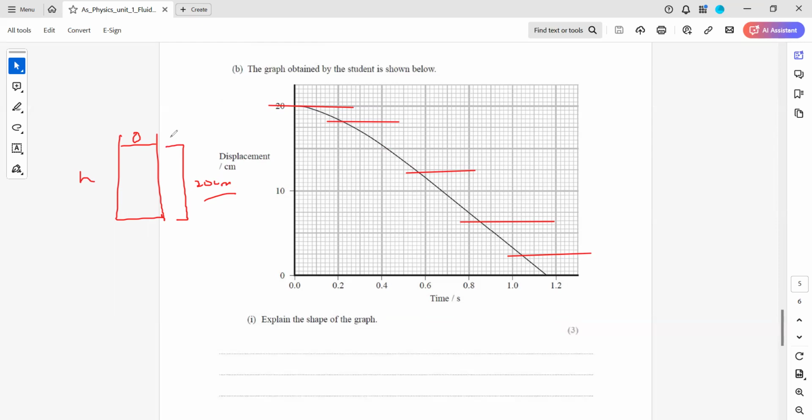When we release it, initially it is at rest, stationary. When we release, what will happen? In the beginning the velocity is increasing because the slope increases, and then the velocity is constant. When the velocity is constant, it means the weight acting downward, the upthrust acting upward, and the drag force, which is also opposing the motion, are all balanced.